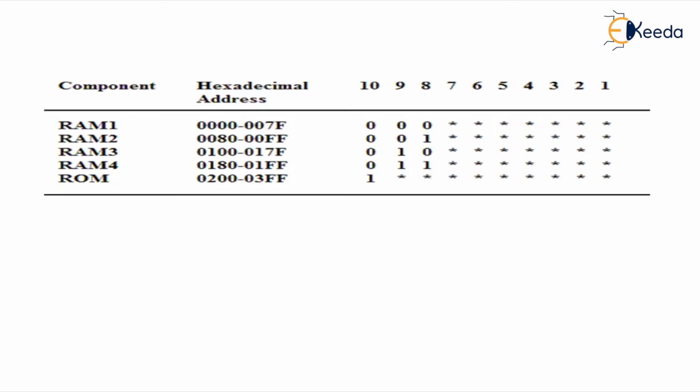RAM 4 is 0180 to 01FF, that is 011, and then the rest is 0. ROM is 0200 to 03FF, and the component used is line 10, which is 1, and the rest are blank.